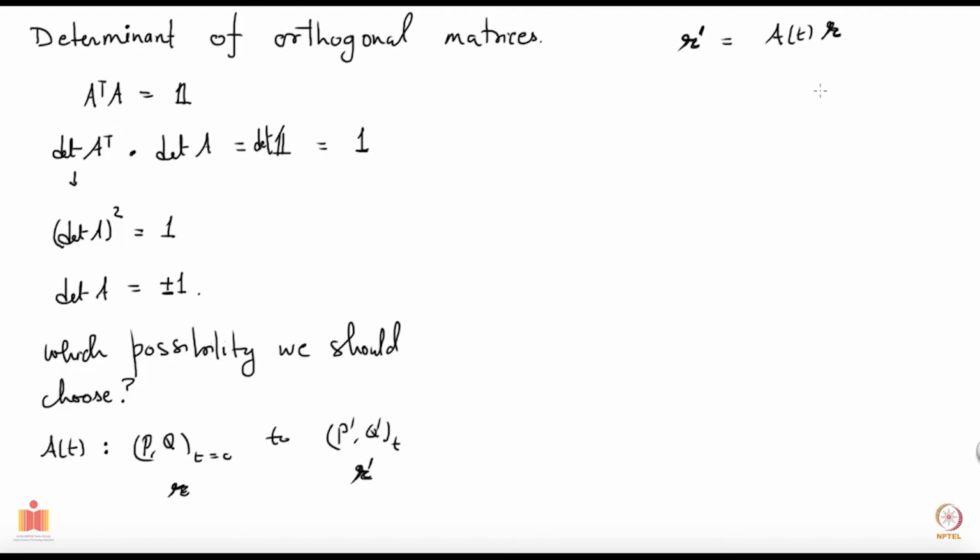At different times it will have different orientations and locations. And this is the matrix A whose determinant is in principle allowed to be plus 1 and minus 1. Now how do we fix this? How do we fix our choice?